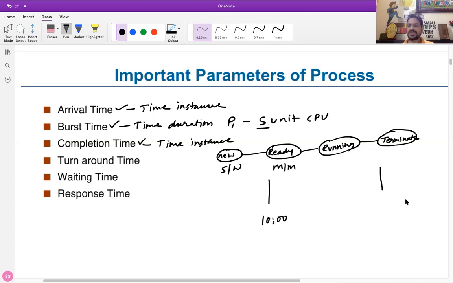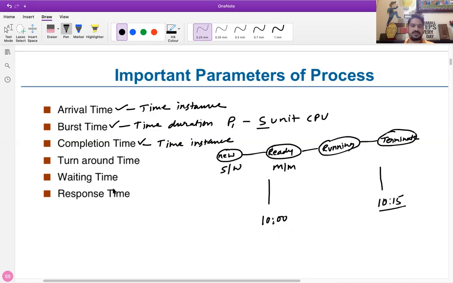What is the completion time of that particular P1? Assume it will be 10:15. So the time it takes in all these states is 15 minutes. What is the burst time? Burst time is 5 minutes, let's say, or 5 units. So the completion time is this one. Completion time is not a duration. When a process reaches the terminate state, that is called completion time.